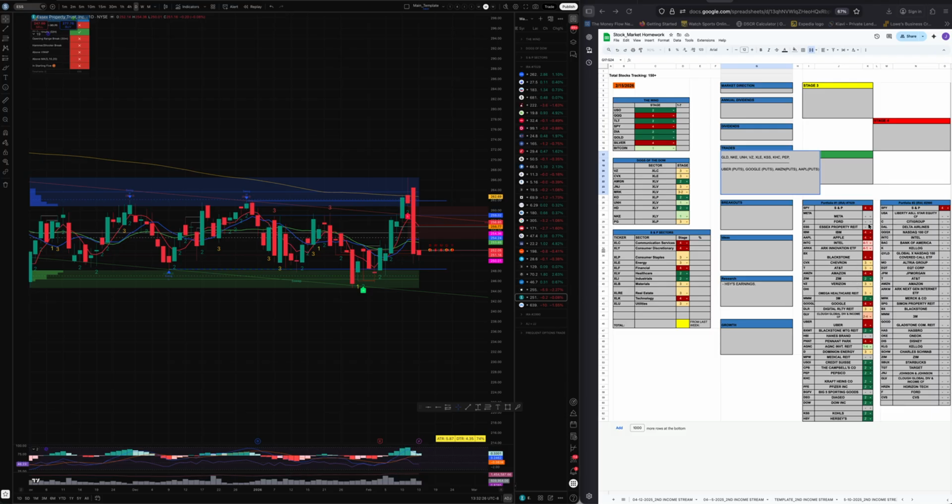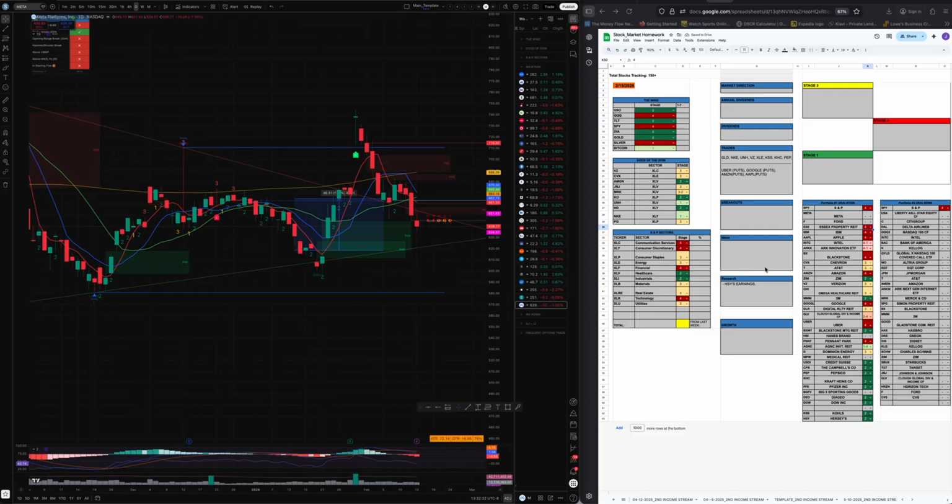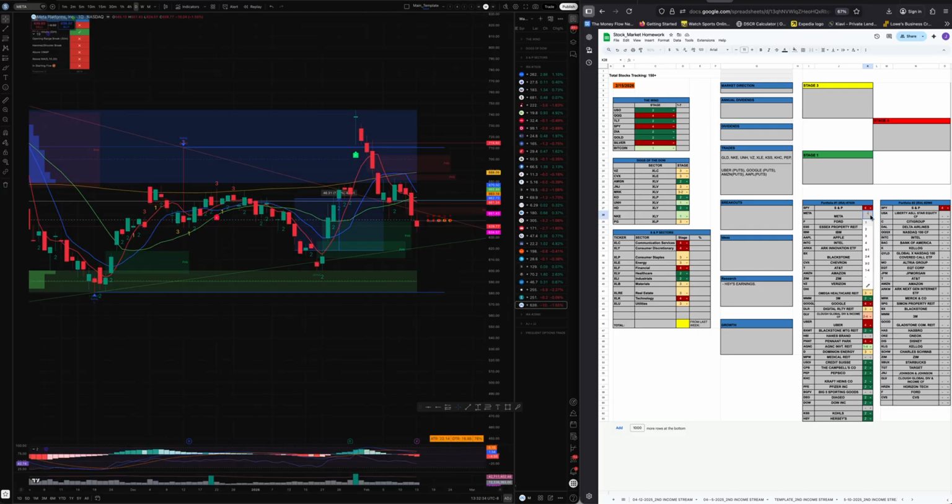Meta. Meta's a four. I could tap it breaks here. Can drop down, right down. Let's put Meta too.